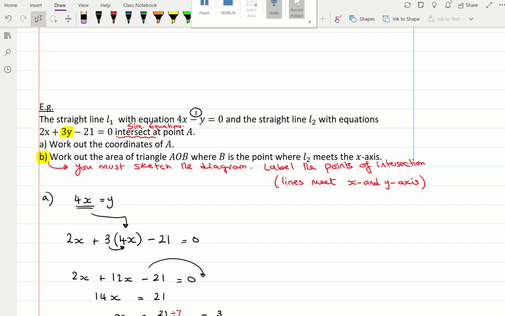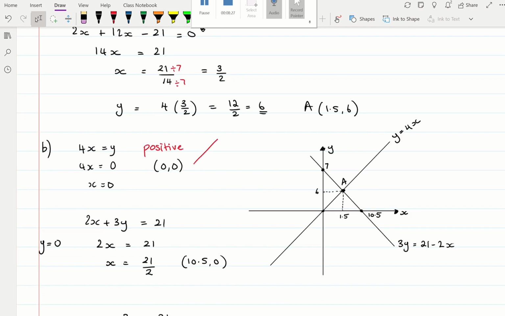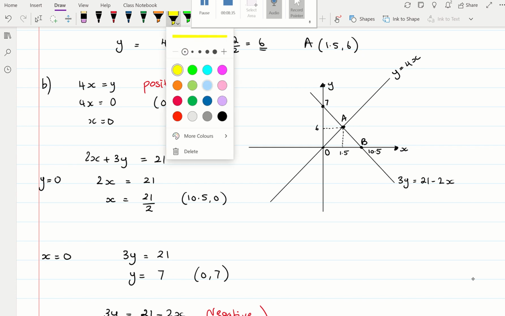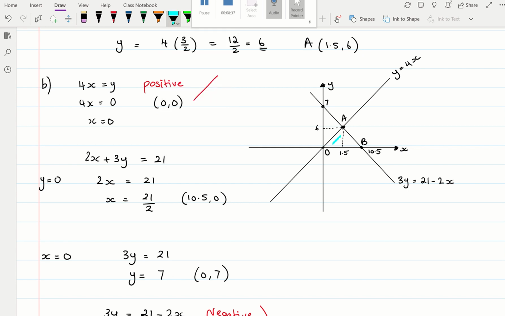Well, L2 meets the x-axis. O is the origin. So this is O, and this is B. So I want this triangle. There. Well, I hope you can see that this distance from O to B is from 0 to 10.5.